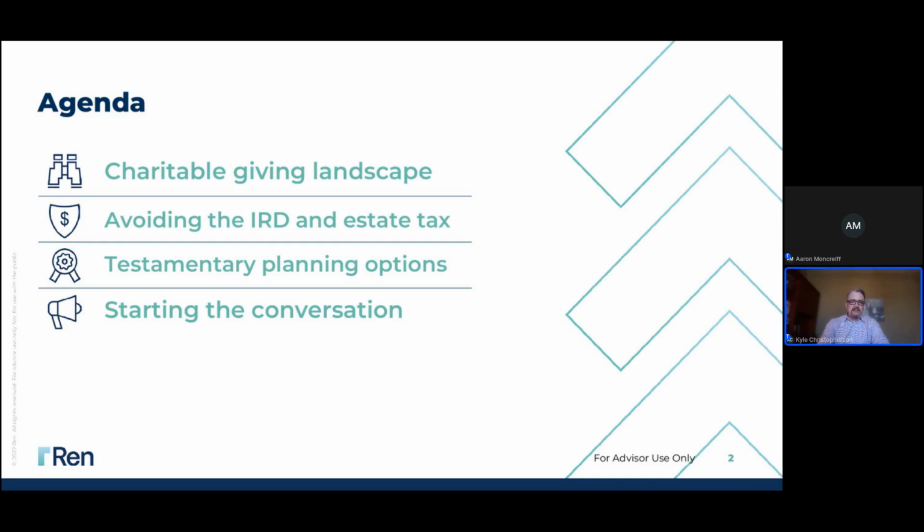We're going to talk about some different planning options that you can do through the estate, testamentarily, to get those assets to the heirs and also to charity. And then also some simple questions that you can ask your clients when you're talking to them about these charitable planning strategies, just a way to engage with them, to bring to the surface what their charitable giving goals are and what they want to accomplish.